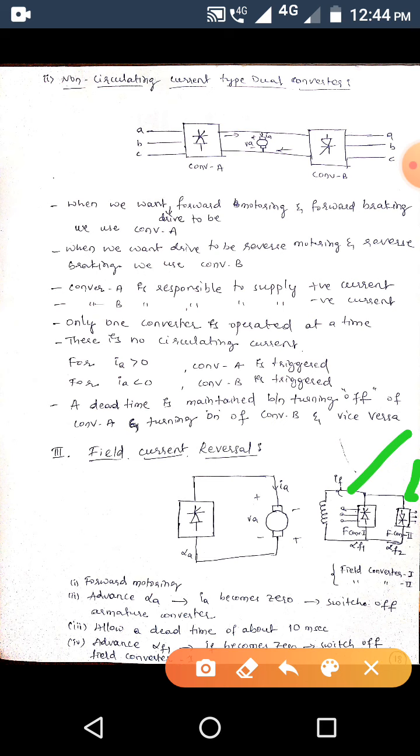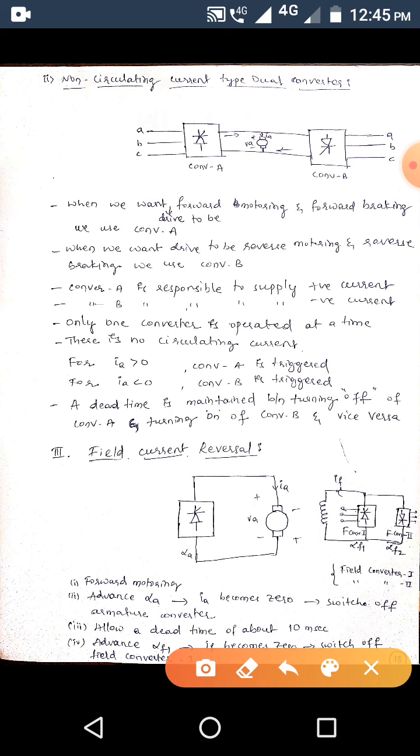After connecting both the converters, connect one field winding to the drives, through which the field current is flowing.